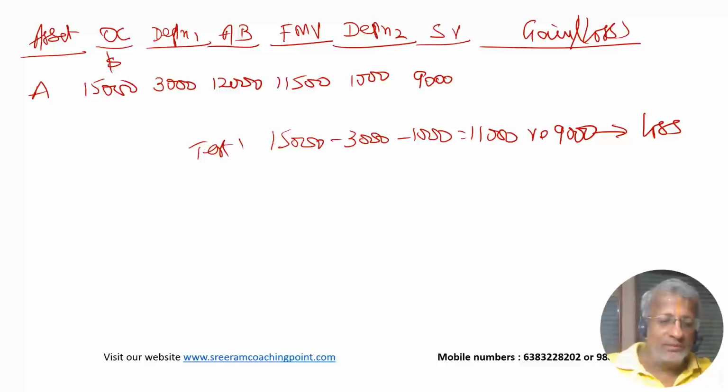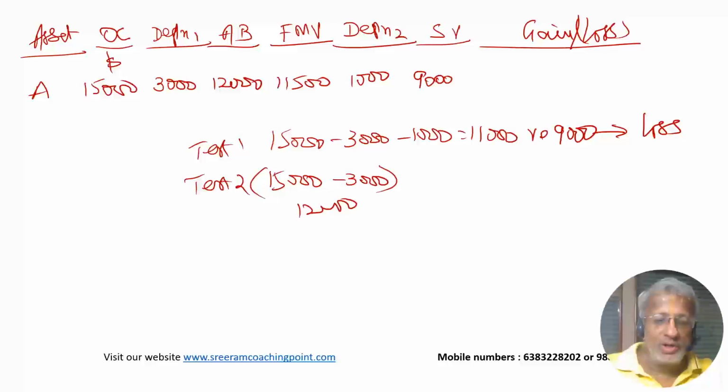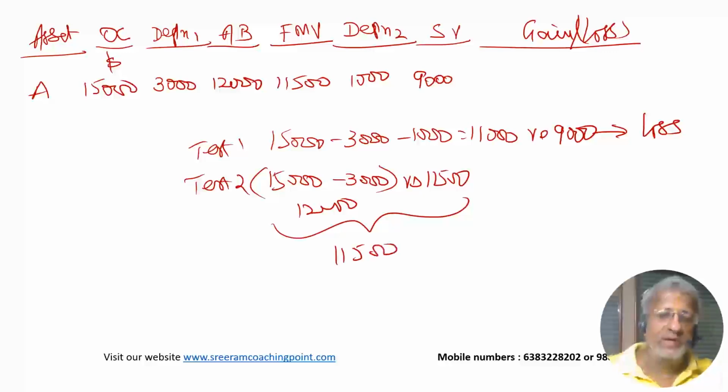How would we find the ultimate loss? That comes through test number 2. What is the basis? We have 15,000 minus the same 3,000, so now it becomes 12,000. 12,000 versus fair market value 11,500, whichever is lower, 11,500 minus post-conversion depreciation of 1,000.